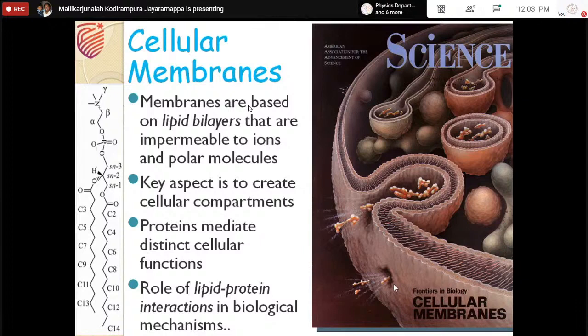We know that the entire pharmaceutical industry depends purely on how well a drug is delivered to a protein, which enables us to cure a particular disease.